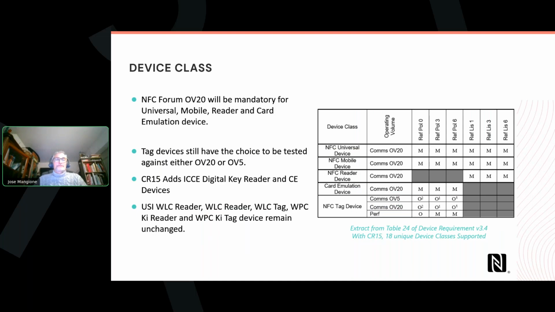Namely, we are talking about the stylus USI WSC reader, wireless charging reader, the generic wireless charging reader, the wireless charging tag, and all the kitchen cordless devices in terms of readers and tag. So those are untouched with respect to the operating volume, and you can find the details in the device requirements version 3.4. Let's move to the next slide, please.